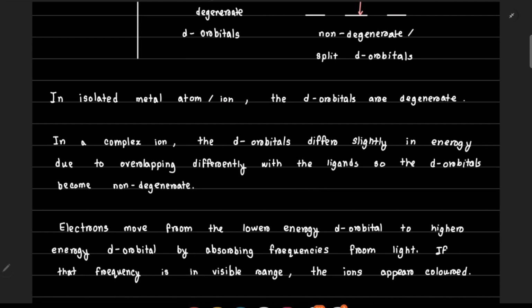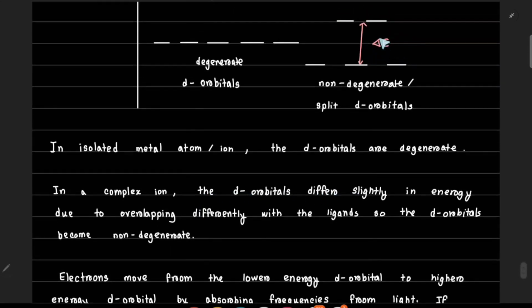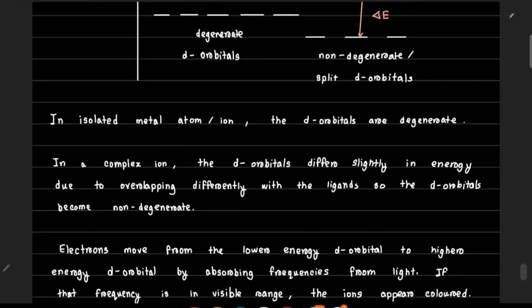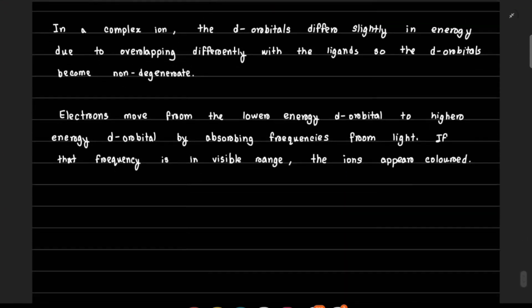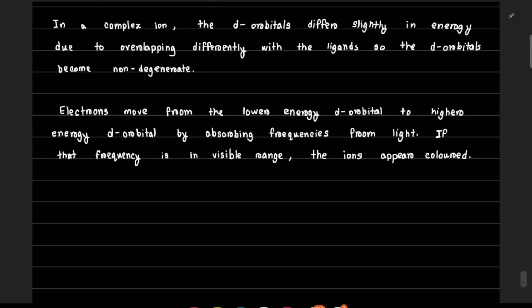So in an isolated metal atom, the d orbitals are degenerate, and if it's in a complex ion, the d orbitals differ in energy, so there is an energy gap between them, and this is due to the overlapping of the ligands with the d orbitals.